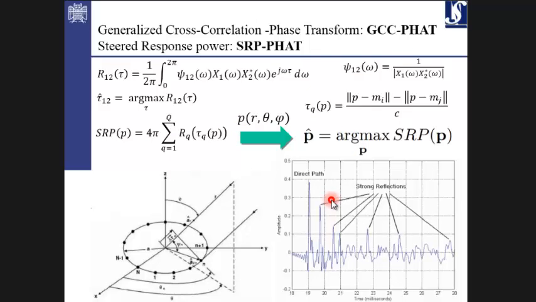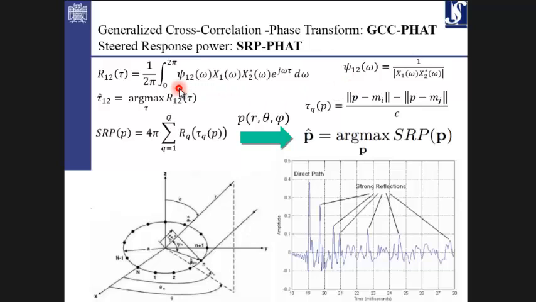Mathematically speaking, you calculate the cross-correlation function, which, because of the stationarity condition, just depends on tau. So you need to calculate the cross-correlation between signal x1 from microphone 1, for example, and signal x2, weighted by a weight psi, which is something that depends on frequency.